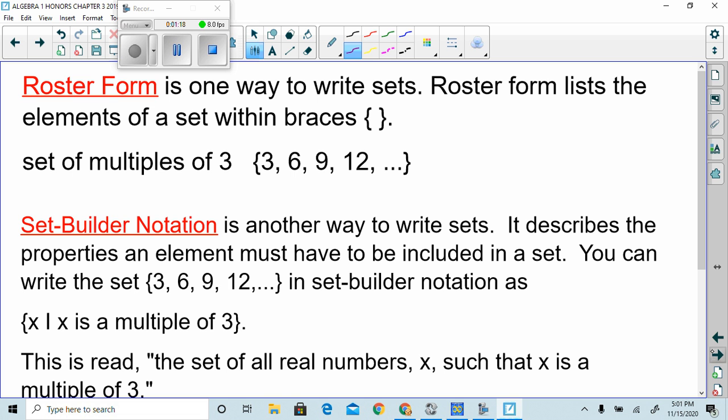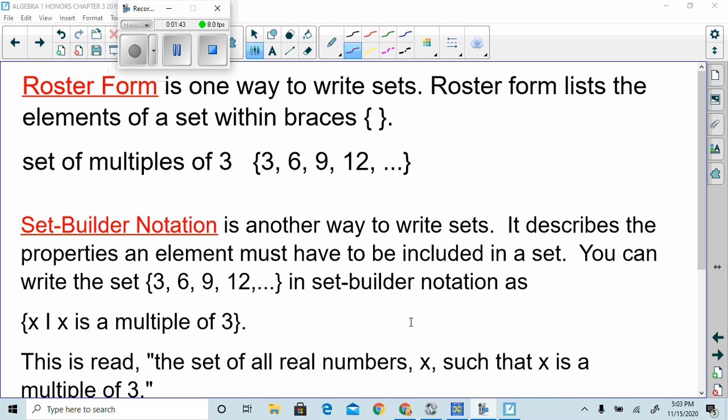There's no particular end. It's an unlimited set. Now, set builder notation is another way to write sets, and it describes the properties an element must have in order to be included in that set. Let's take a look at that same set. As we write this in set builder notation, we're going to start with those braces again, and we're going to write and read it this way.